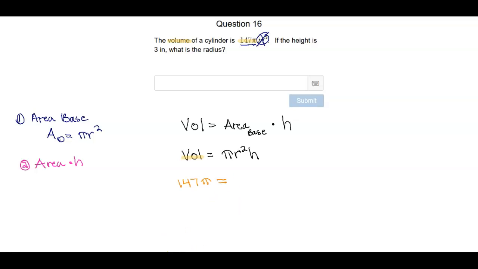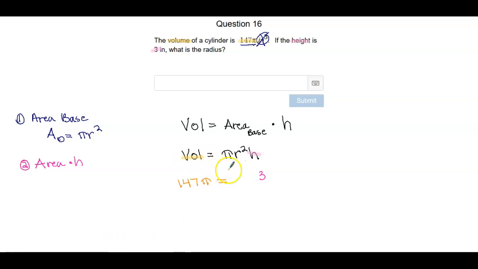We also have that the height is 3. So we are going to take that information and put it in for the h right here. So that is 3. The pi is just going to stay pi.